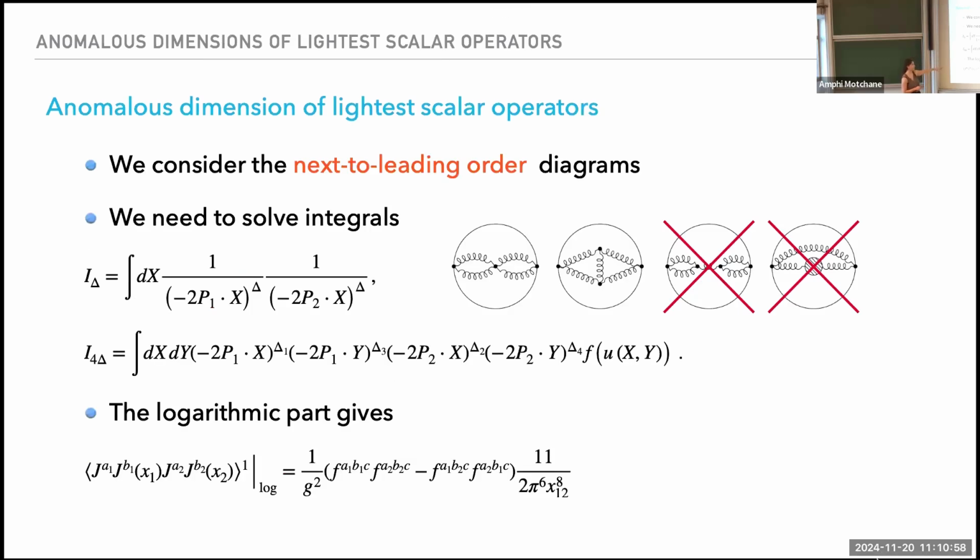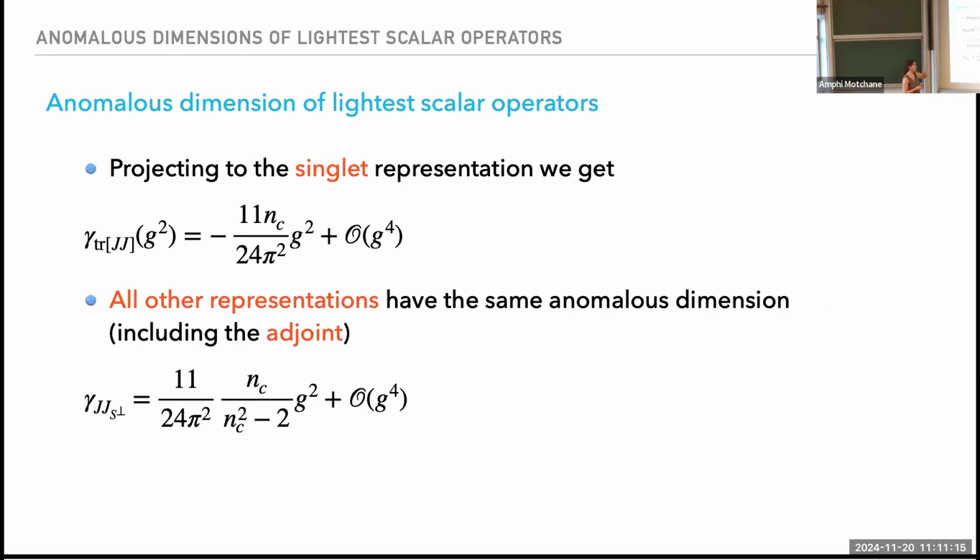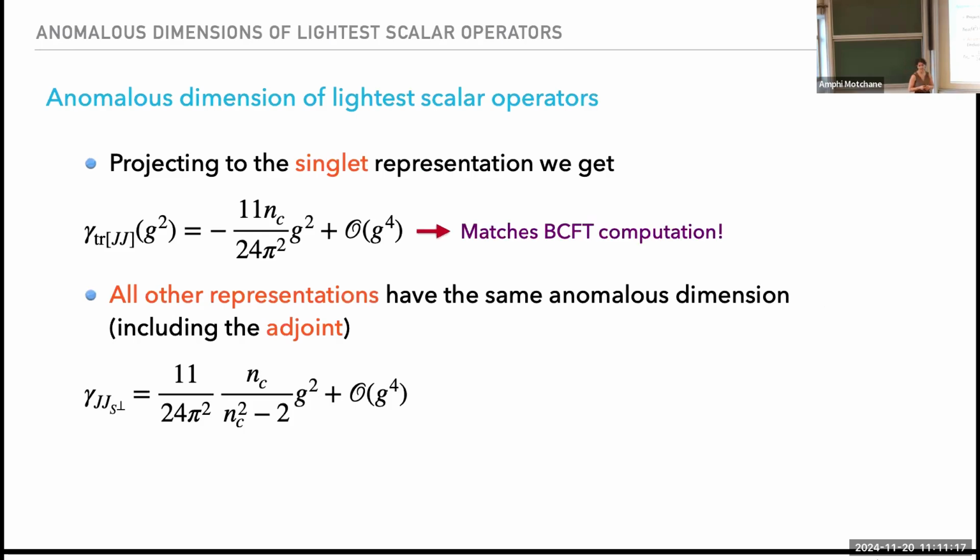This result was numerical, because we needed to perform an integral which is an infinite sum of hypergeometrics, and so we cannot compute it analytically, but using our result with the VCFT argument, we can make all these anomalous dimensions analytical.